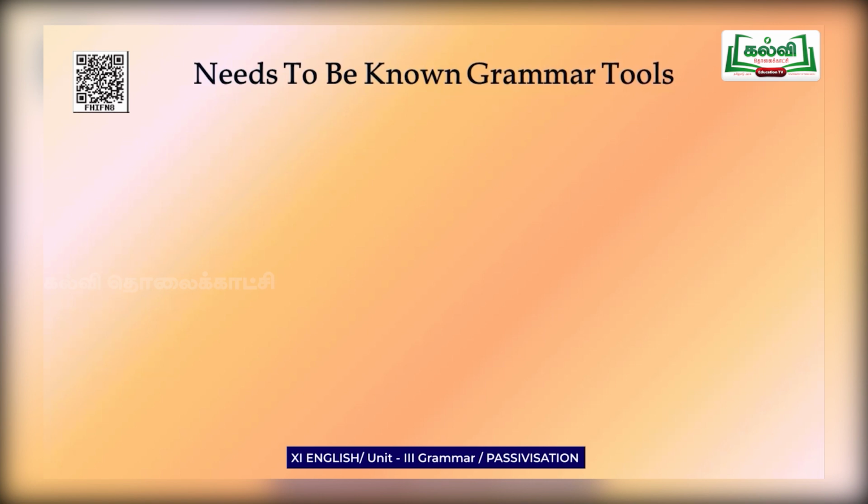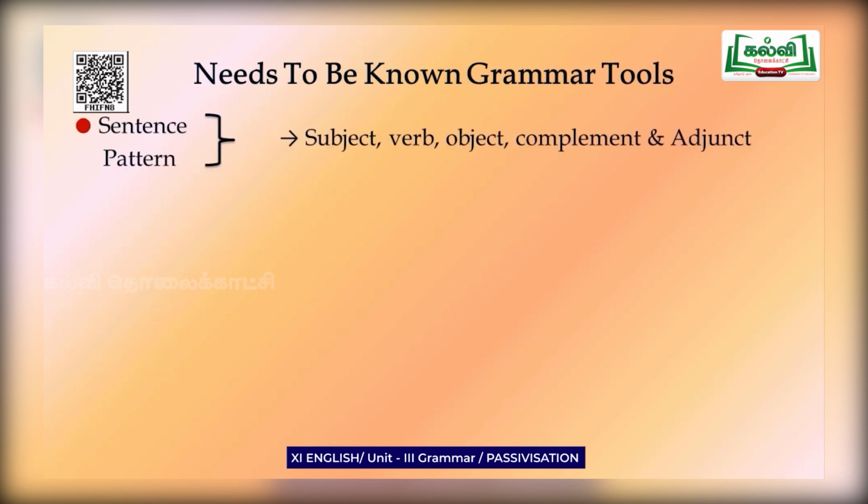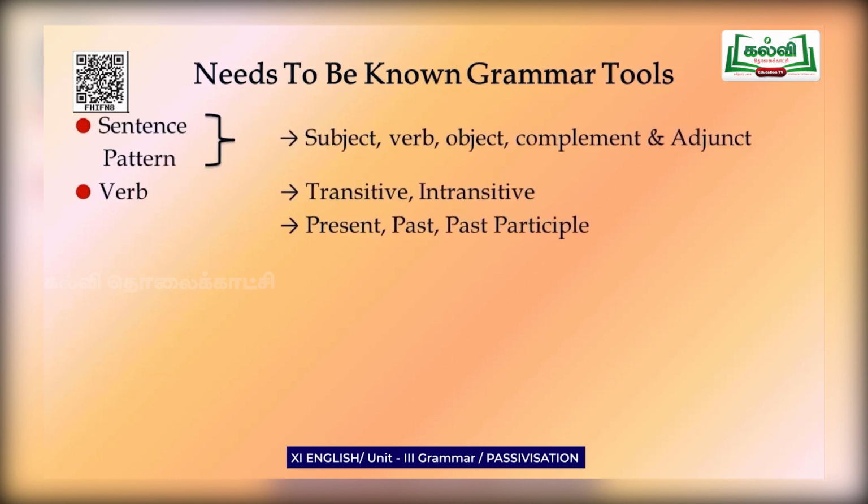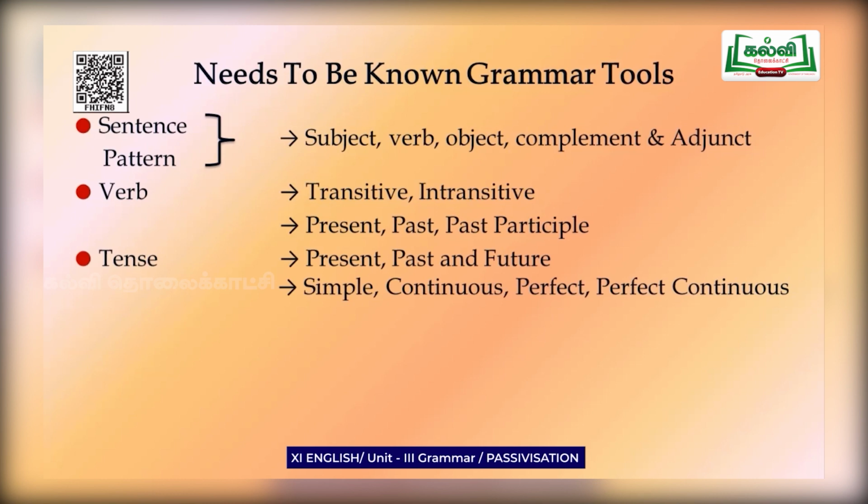In such a case here, we must learn these grammar topics before learning passivization. We are not going to discuss them in detail. We are going to know what they are. Sentence pattern, verb, transitive verb, intransitive verb, verb present, past, past participle, tense: present, past and future.